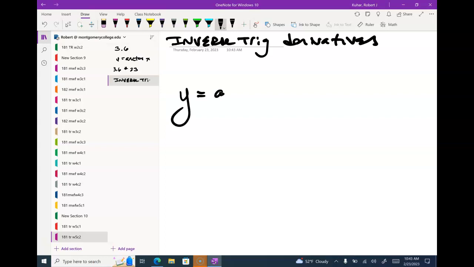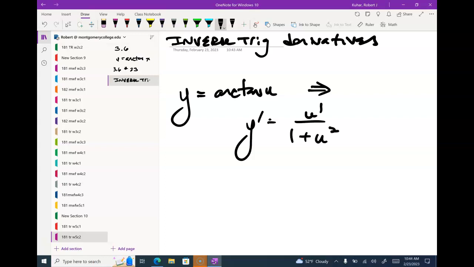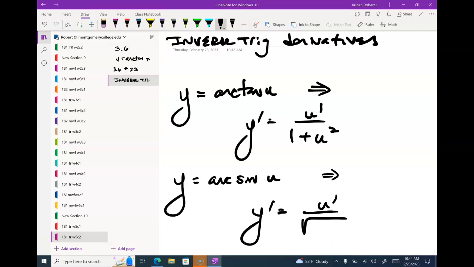So y equals the arctan of u gave us y prime is u prime over 1 plus u squared. If y equals the arcsine of u, just memorize y prime is u prime over square root of 1 minus u squared.